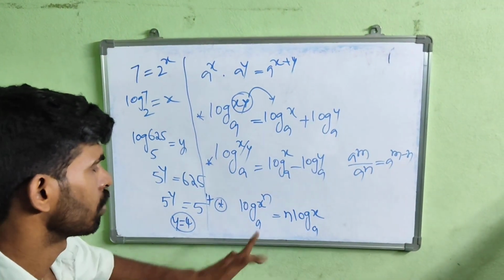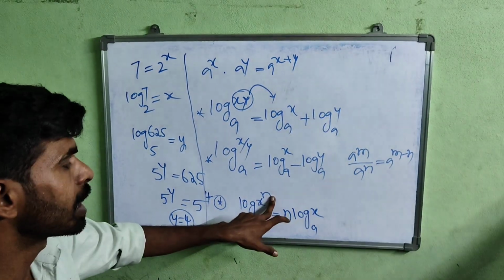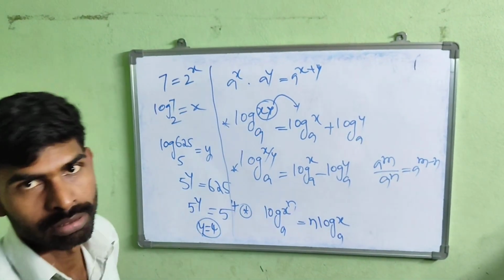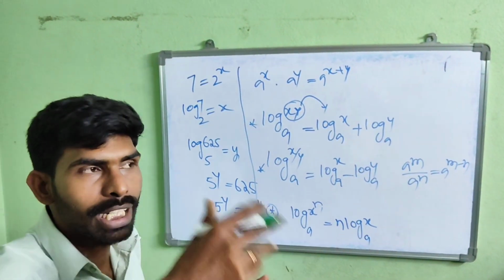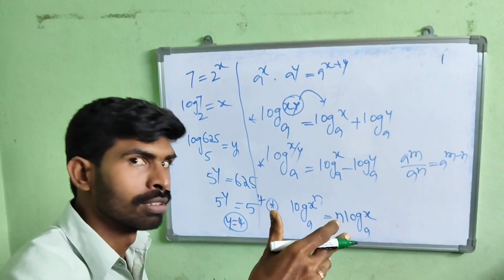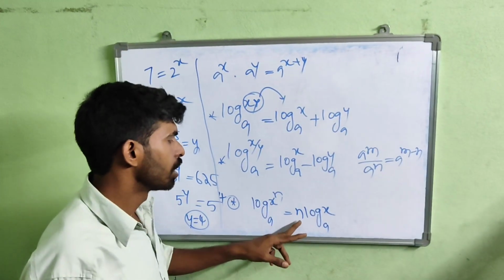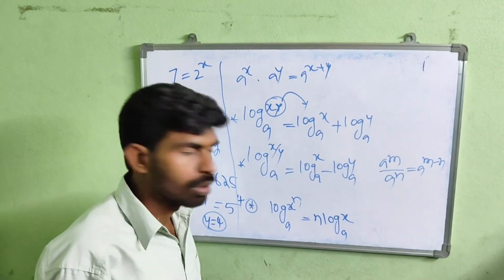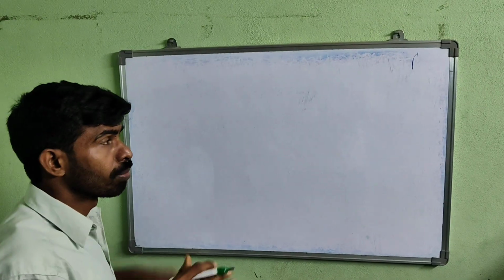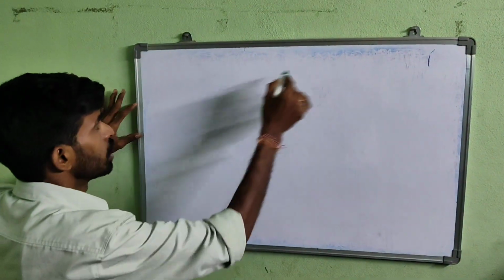Log of x power n is nothing but n log x. A power m whole power n is nothing but a power mn. Same like that, log x power n is nothing but n log x. Remember these formulas very carefully.